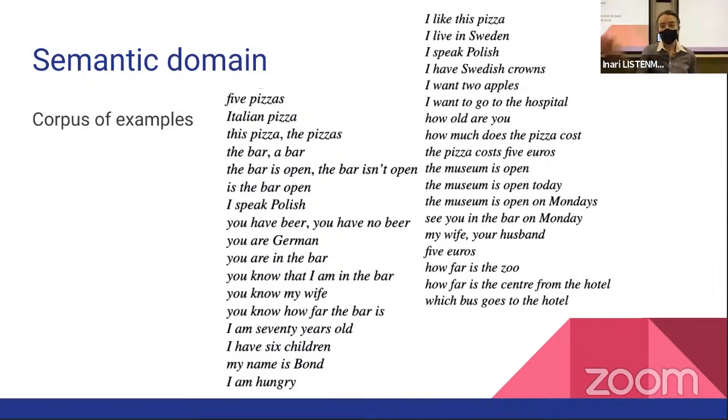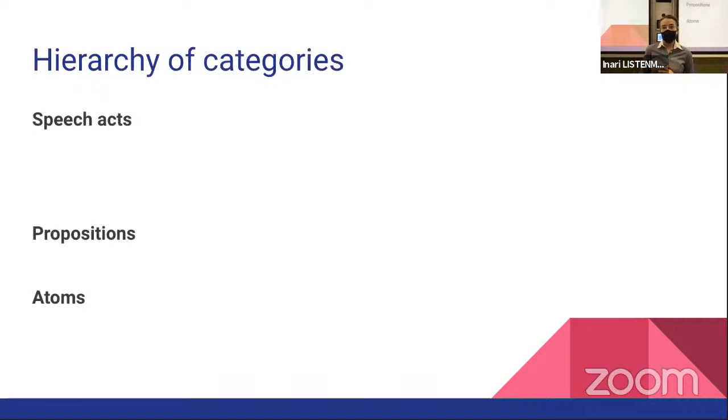You can start with, yeah, I want to be able to say that the pizza costs €5, and also how much does the pizza cost and how far is the zoo? So you gather the domain, what you want to express, and then you start thinking about it systematically. So when we want to translate it into a GF grammar, we know that a GF grammar has cats and funs. So let's think about the cats.